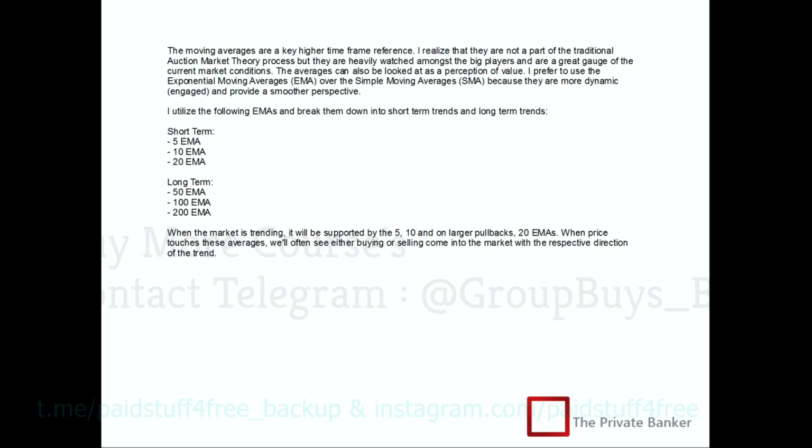So this is also another way to view the developing value in the markets. When the market is trending, it's typically supported at the 5, 10, and 20 on the smaller pullbacks. And on the bigger pullbacks, of course, it's then the 50, 100, and 200.